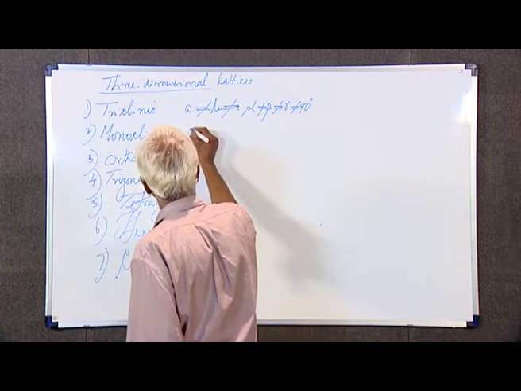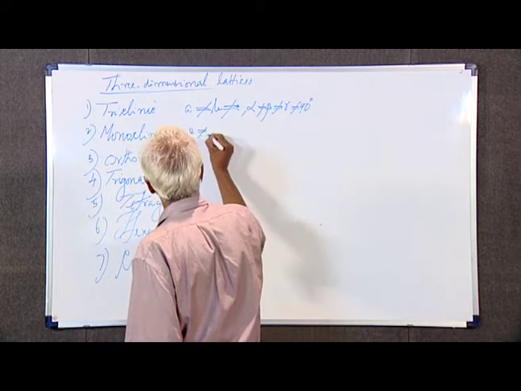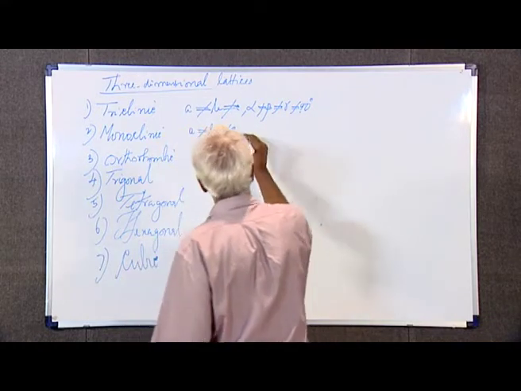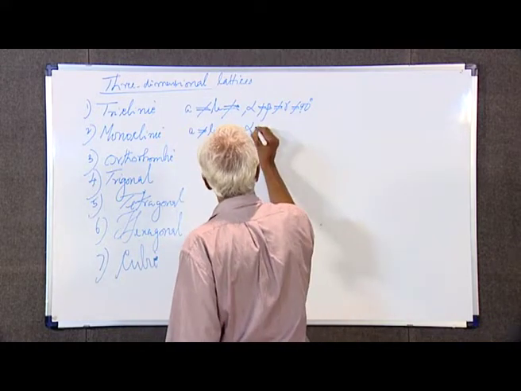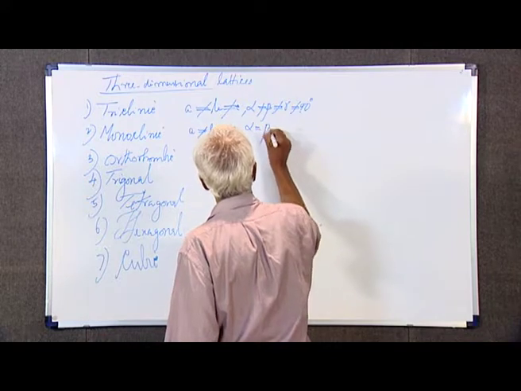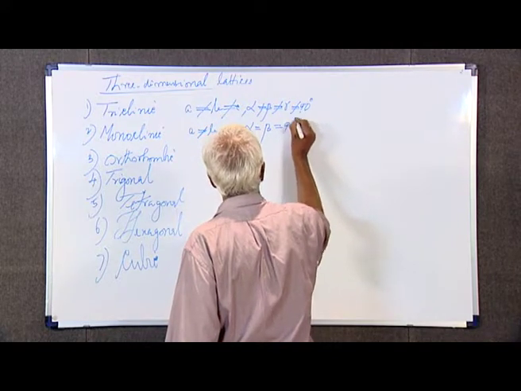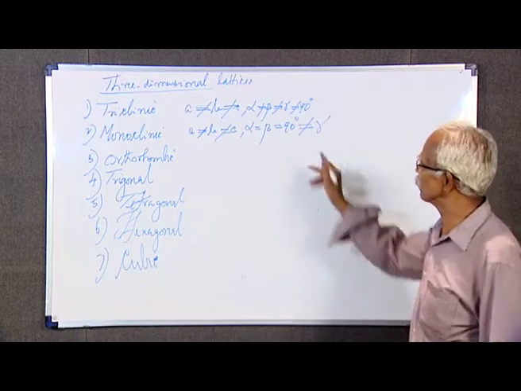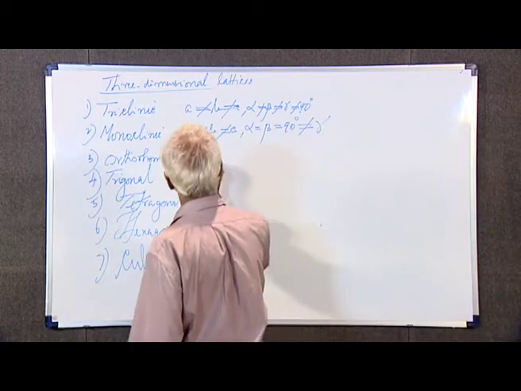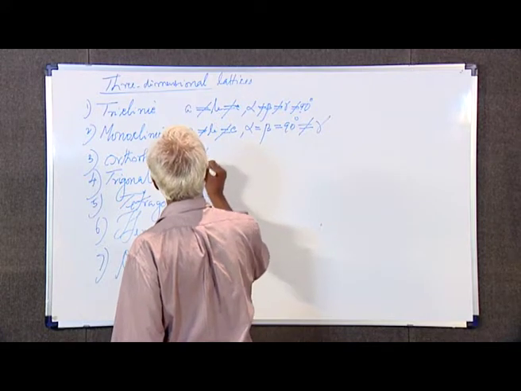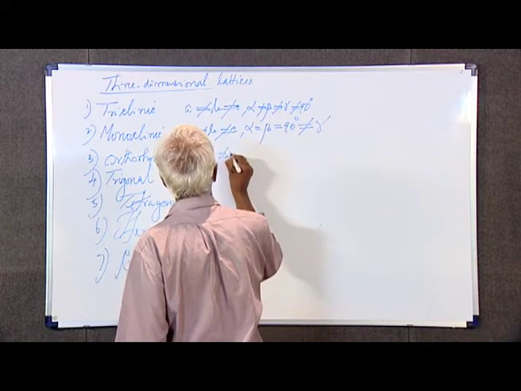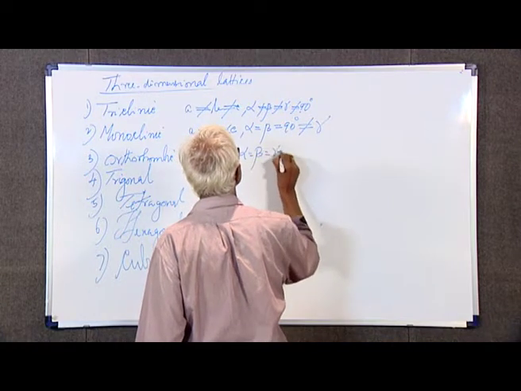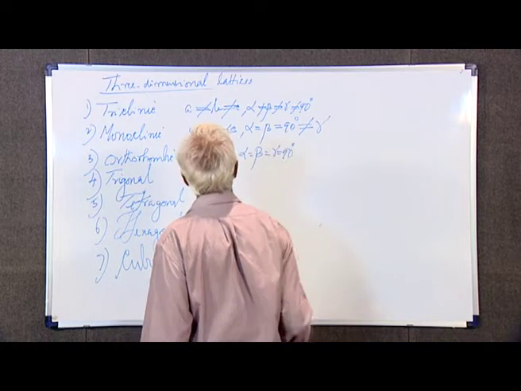Then here I have A different from B, different from C for the monoclinic, alpha equal to beta equal to 90 degrees, not equal to gamma. I will explain. This is monoclinic. Orthorhombic: A different from B, different from C, alpha equal to beta equal to gamma equal to 90 degrees.